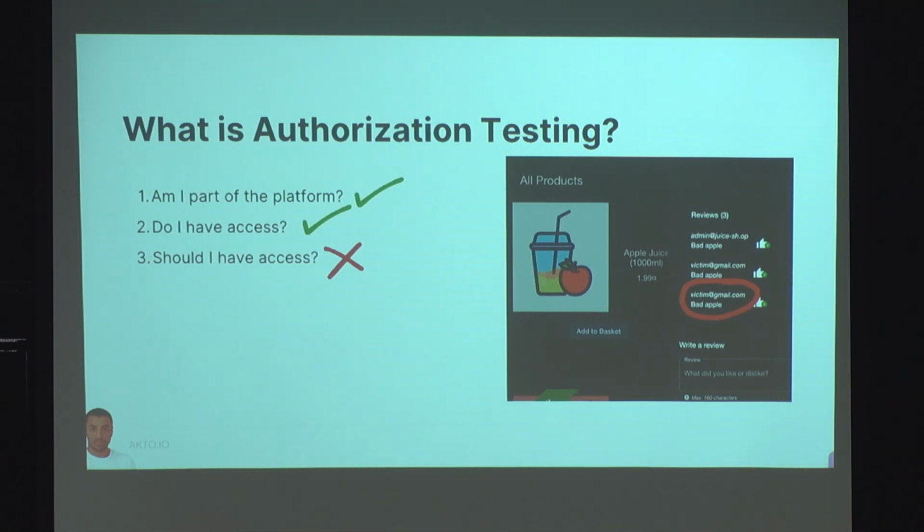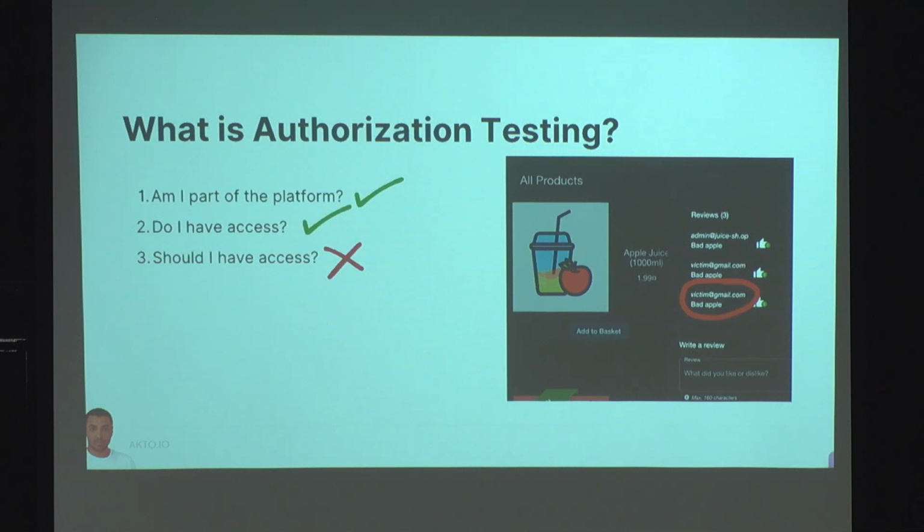That's probably something like broken authentication. I'm not even a part of the platform, yet I can read or modify a lot of sensitive data. We are not dealing with those kinds of issues over here. We are dealing with when you know the user is indeed a part of the platform. So yes, the user will have some sort of login credentials, and an authorization token because the user is logged in.